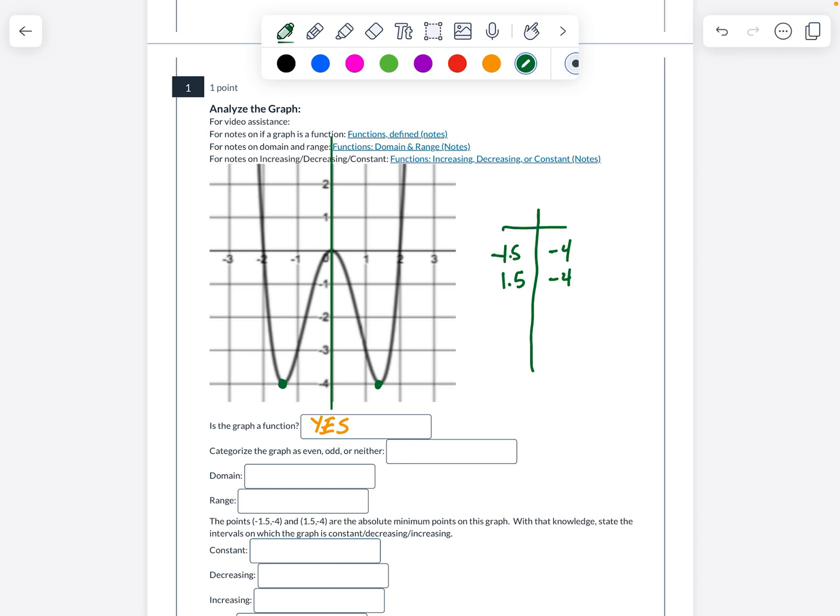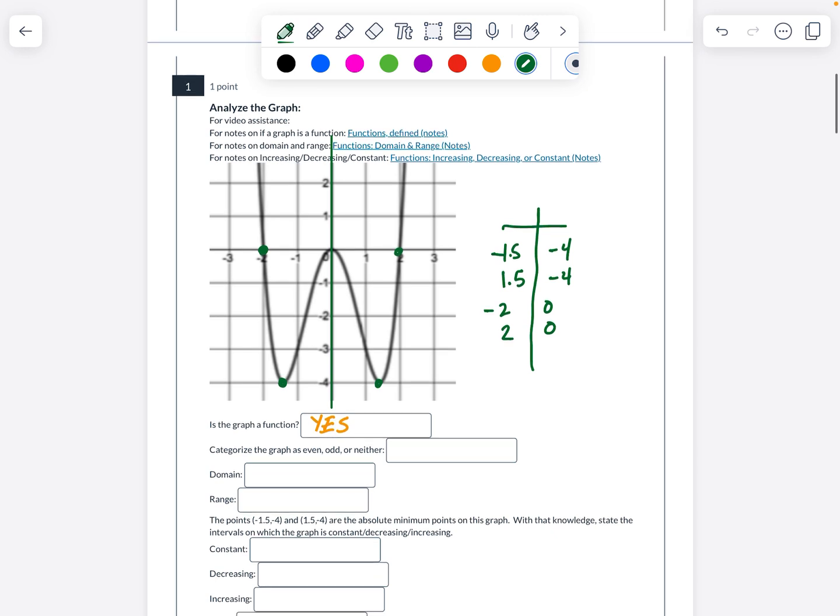If I were to pick another point, for instance, this point right here, that's -2, 0, and 2, 0 is also on the graph. Let's say I were to pick this point right here, that looks like it's approximately -0.5, -1. Then if I look at +0.5, I should still get -1.